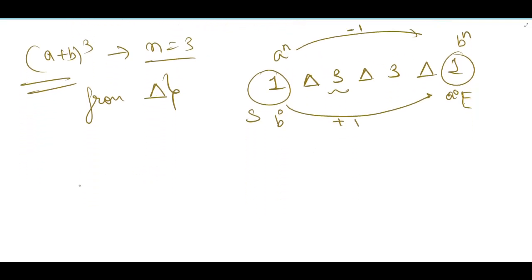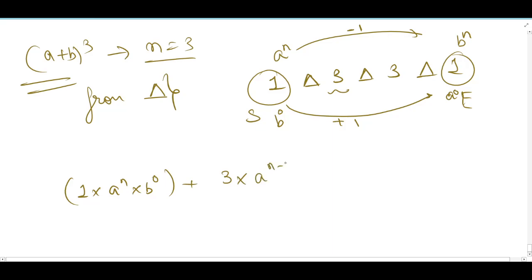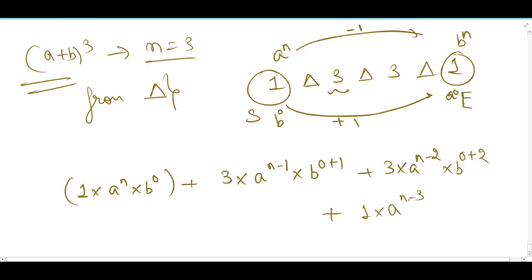So we write it as follows: 1 cross a to the power n into b to the power 0, plus 3 cross a to the power n minus 1 into b to the power 1, plus 3 into a to the power n minus 2 into b to the power 2, plus 1 into a to the power n minus 3 into b to the power 3.